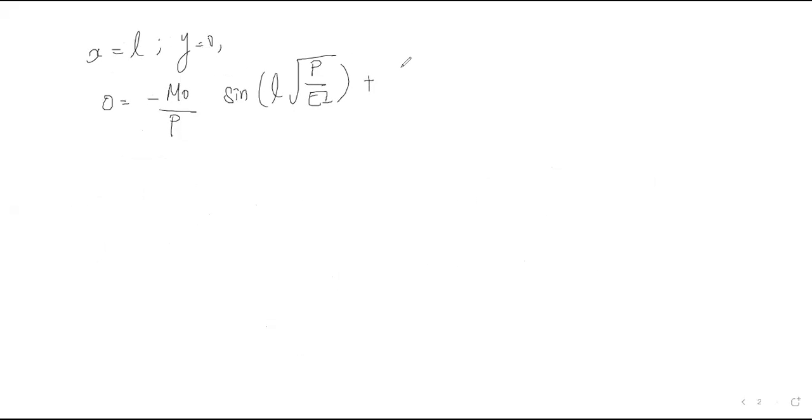So the remaining term is m naught by P, which is a common term. If I am going to take it outside, it becomes 0. So cos L into root under P by EI is equal to 0. Sorry, not sine, here it is cos.